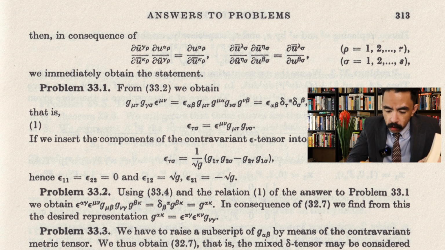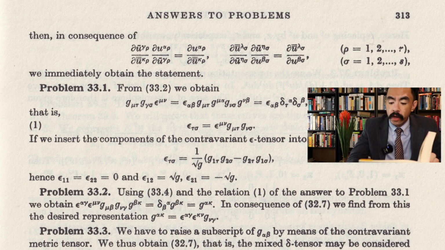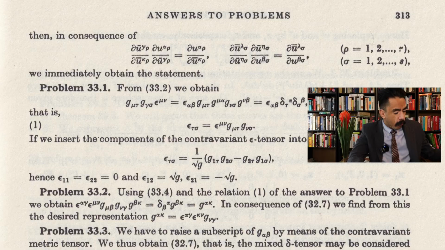Similarly, partial u double over bar lambda sub sigma partial u over bar eta sub sigma times partial u over bar eta sub sigma partial u beta sub sigma is equal to partial u double over bar lambda sub sigma partial u beta sub sigma, where rho can be 1 through r and sigma can be 1 through s. And we immediately obtain the statement in the problem that we're looking for.